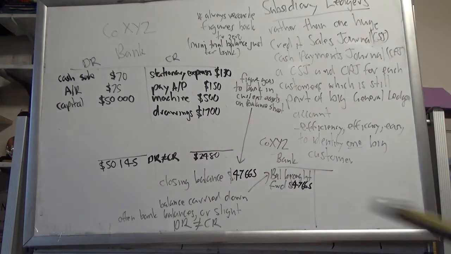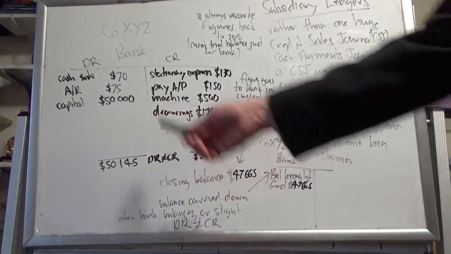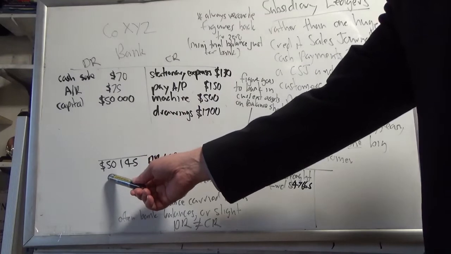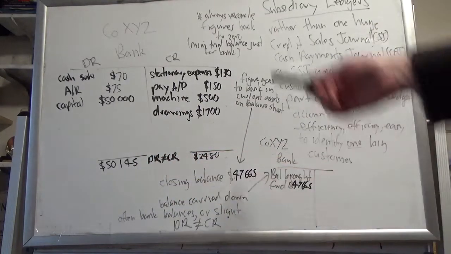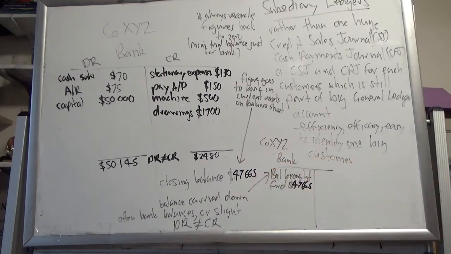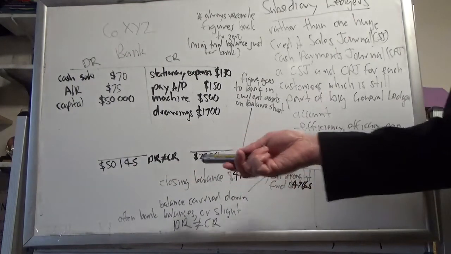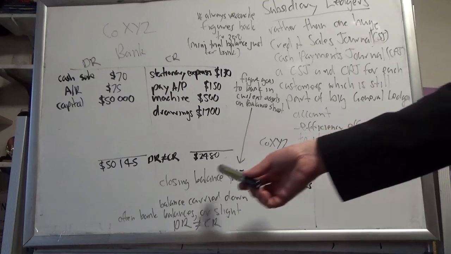So obviously here debits aren't going to equal credits because of that capital item. So when you add it up, it's $50,145. On the credit side, it was $2,480. Now alarm bells might be ringing here. You're thinking that's a major error or something, but it isn't.